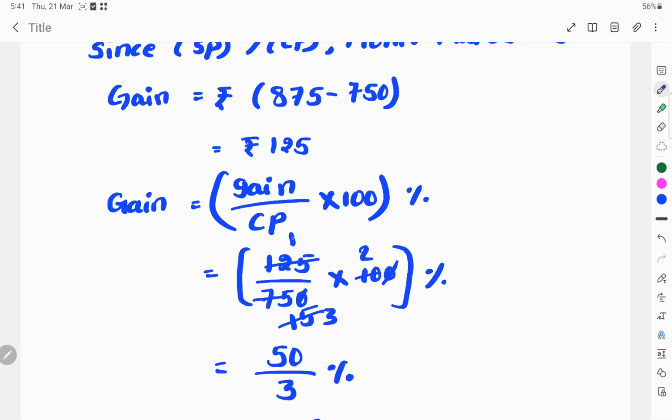Then 125 in how many times? 25 times. So 2 into 25 is equal to 50.